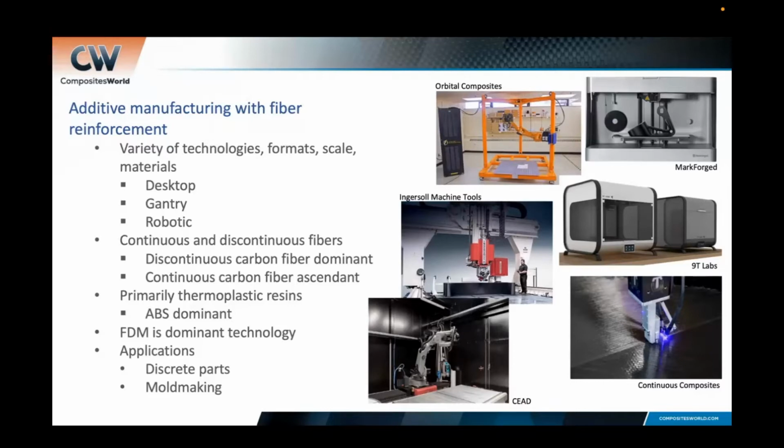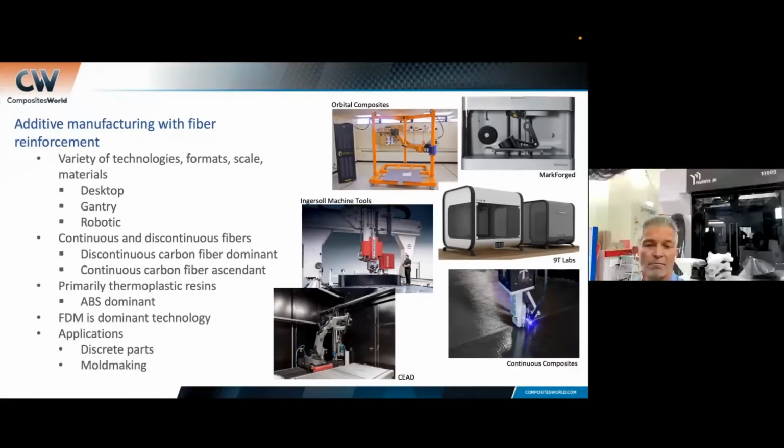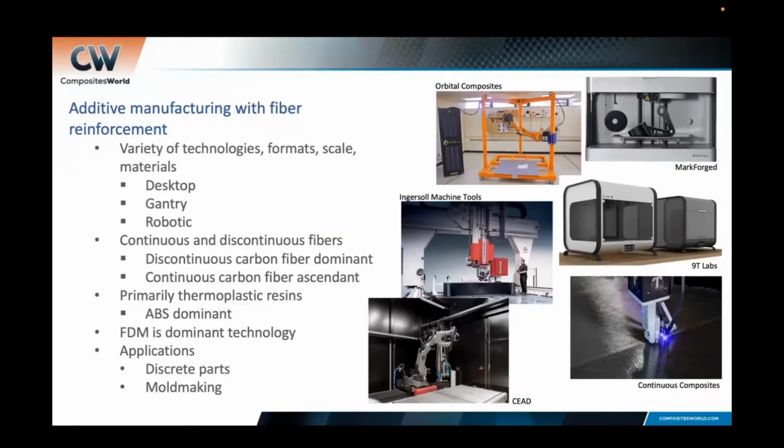They range from desktop units like the kind made by Markforged to gantry and robotic systems. All of these have continuous and discontinuous fiber reinforcements. Discontinuous fiber reinforcement has been dominant, although continuous systems are ascendant, and we're seeing a lot of activity here. This is a very dynamic manufacturing environment.